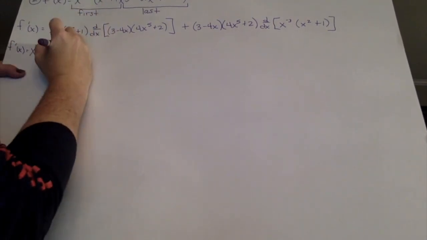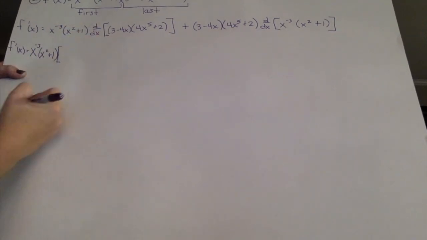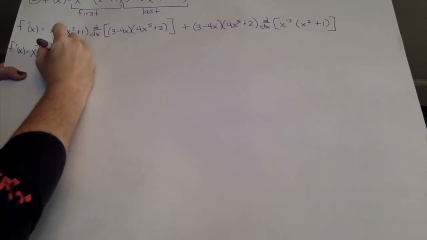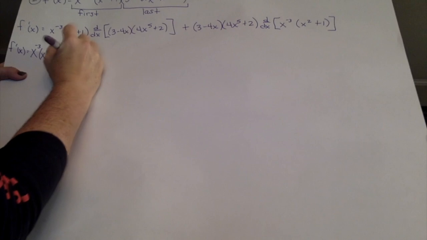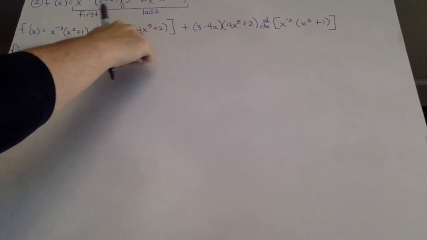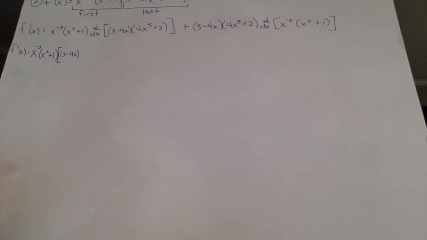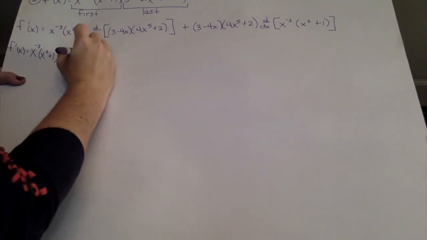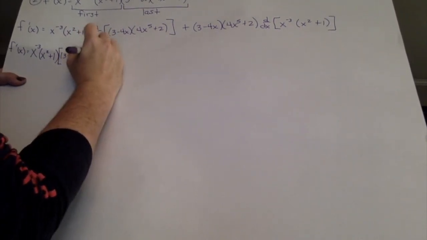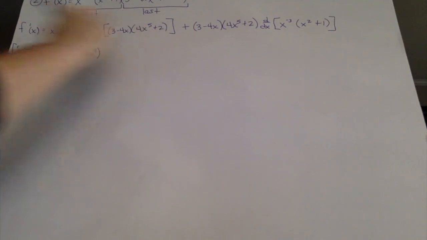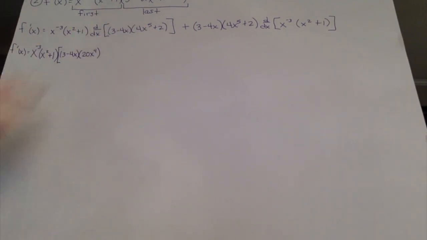Now this derivative, I'm going to leave in brackets, is going to be first 3 minus 4x times the derivative of 4x to the fifth plus 2, which I'm going to rewrite now as 20x to the fourth, right, plus 0. Hopefully everyone's okay there.